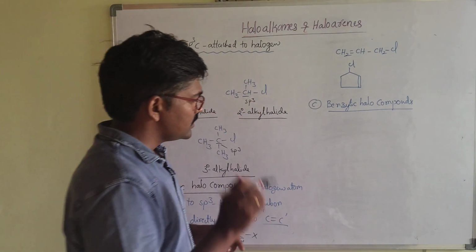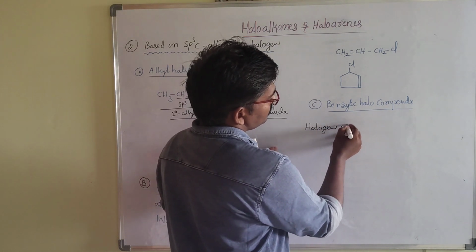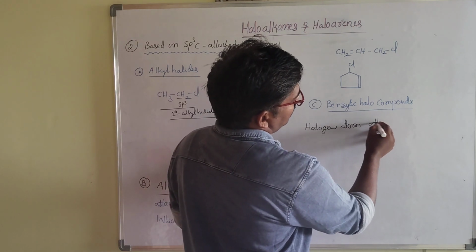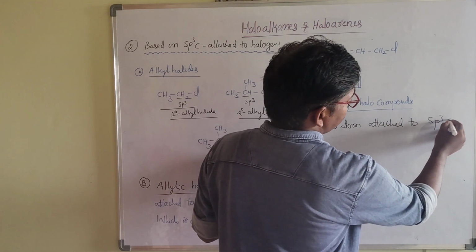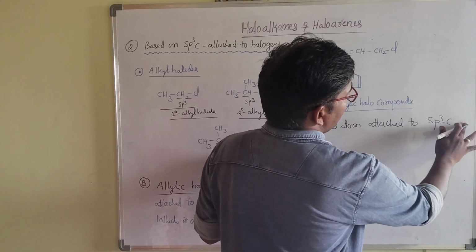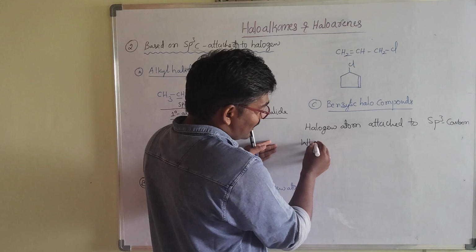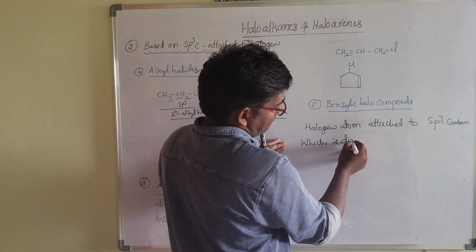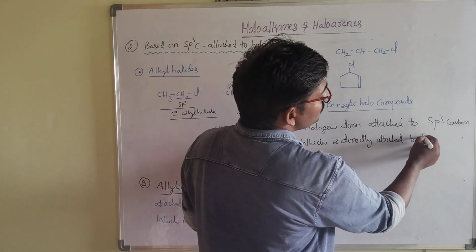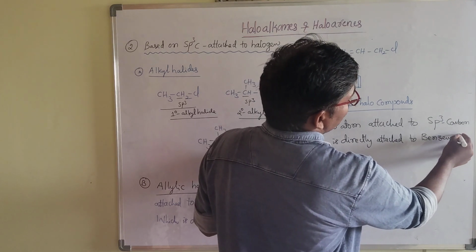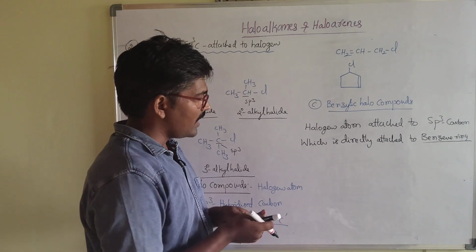According to the definition, the halogen atom is attached to an sp3 hybridized carbon, which is directly attached to a benzene ring. Such type of compounds we are calling benzylic halo compounds. Clear?